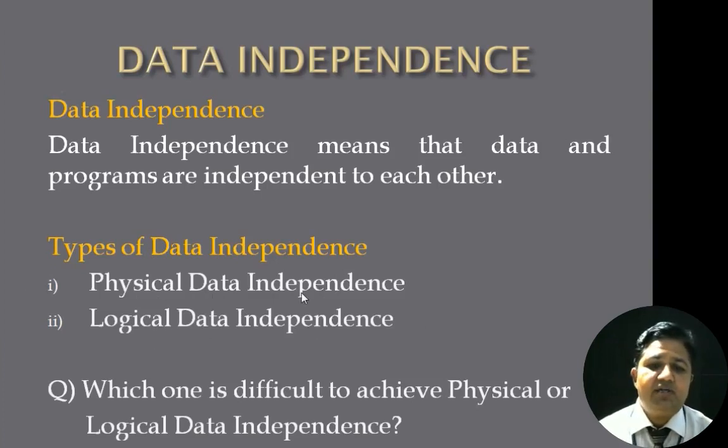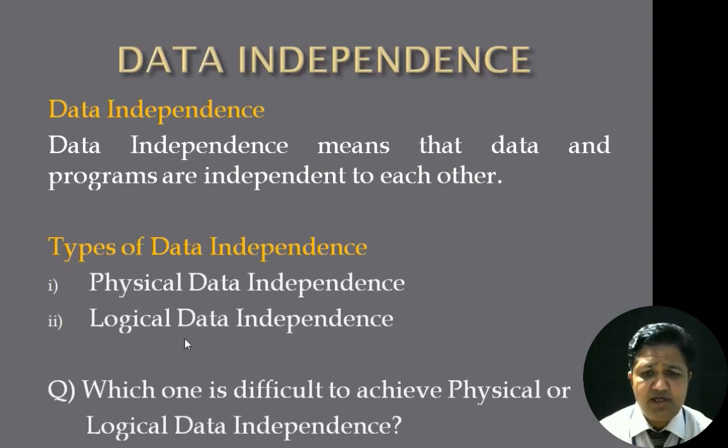Physical data independence means any change that we make at the physical level without causing the application program to be rewritten. Physical level means physical schema, how the data is stored, and anything that we change at the physical level will not affect the next higher level, which is called the logical level or logical schema.